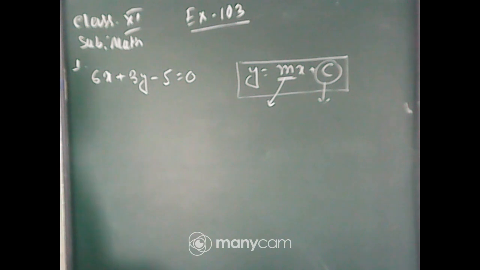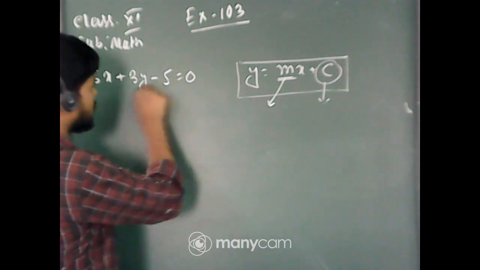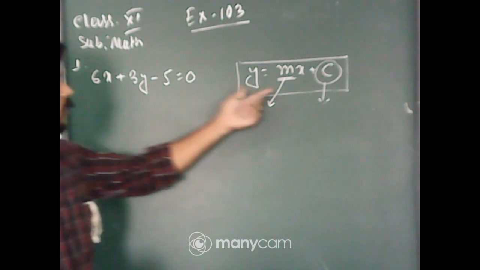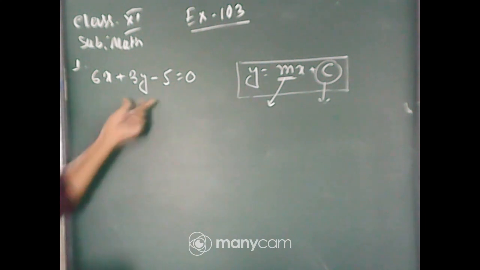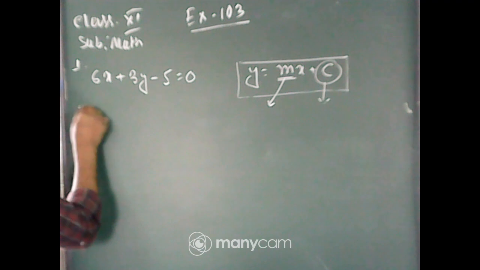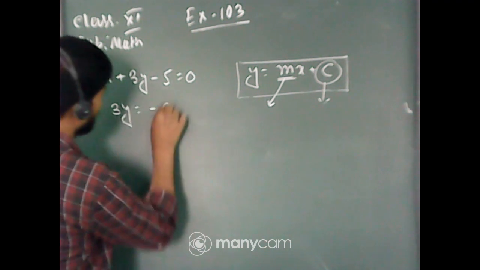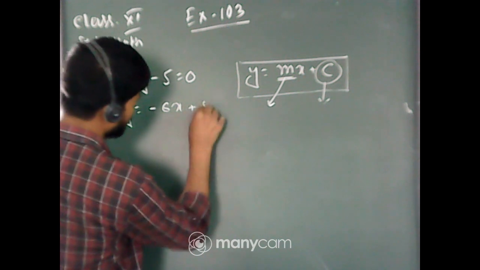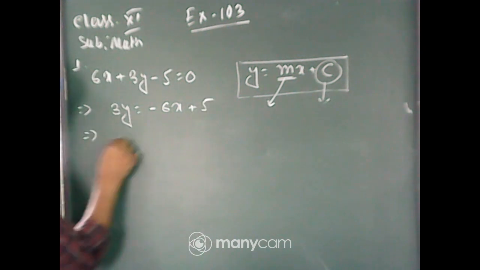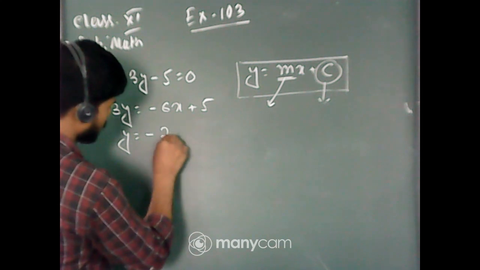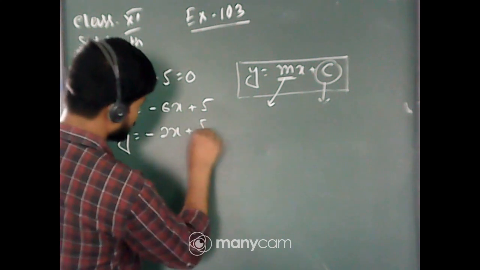First, write this equation into slope intercept form. I mean, convert this equation into this form. From here, calculate the value of y only. That means we have 3y is equal to minus 6x plus 5. Now find the value of y. So y equals minus 6 by 3, that means minus 2x plus 5 by 2.